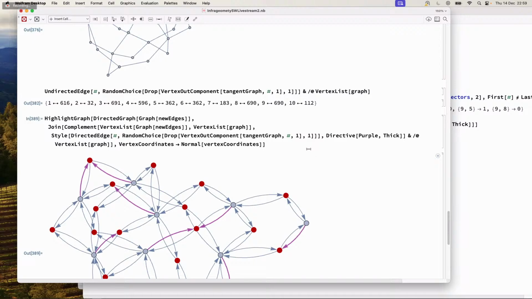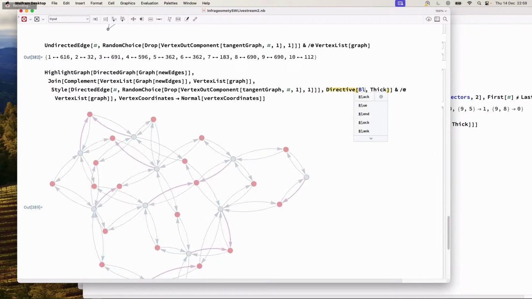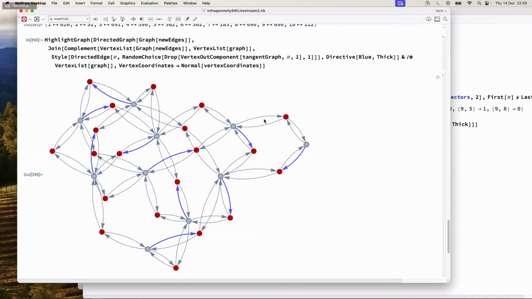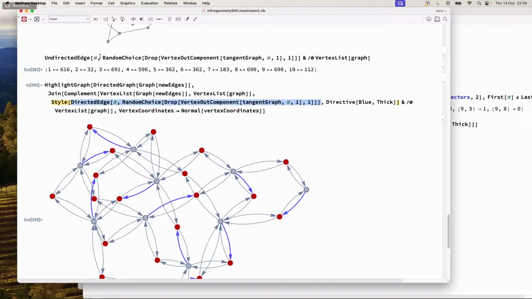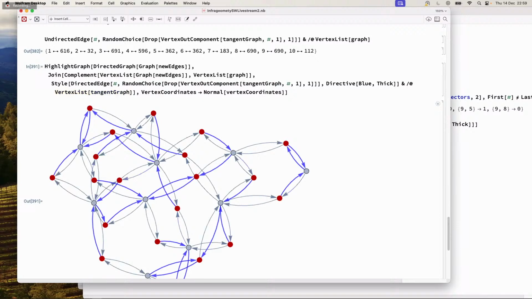By the way, purple is bad because we can barely see it. Let's make it blue or something. Okay, is that any better? Not really, but it's not terrible. The only constraint is that you don't connect red to red, but otherwise it's a general choice of edges. Well, in that case, we can just do that, I think.